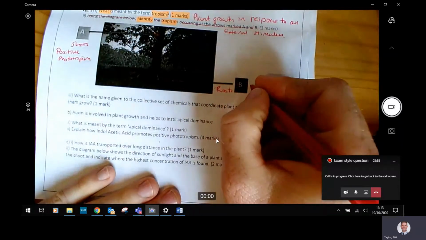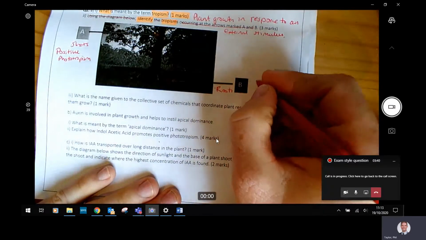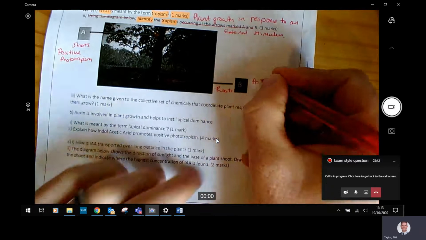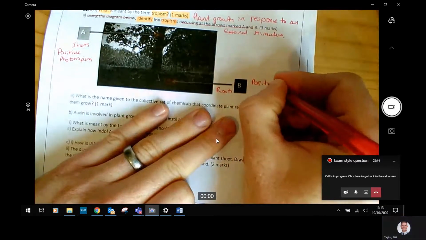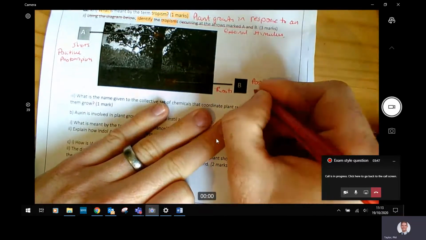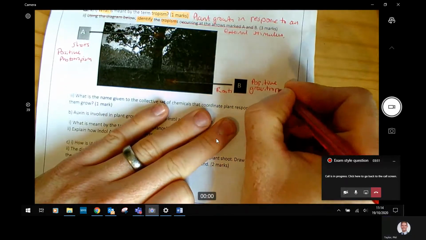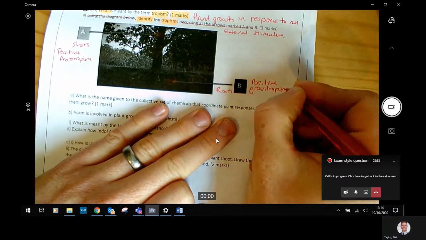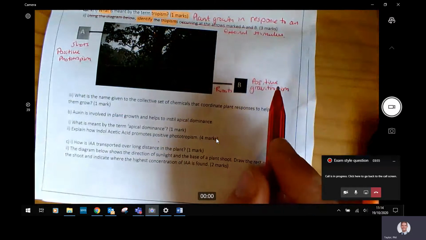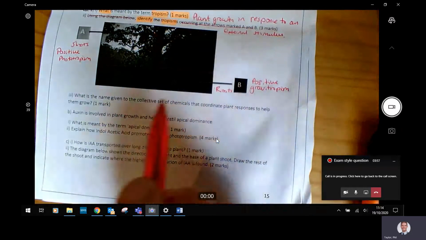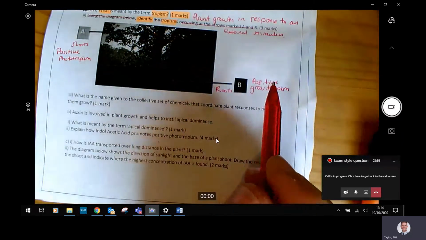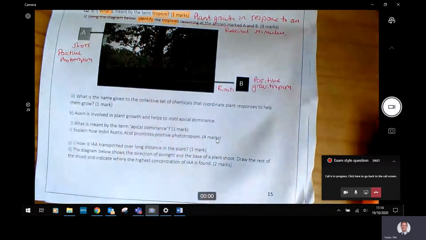Now the roots are responding slightly differently, but they are positively responding to gravity, positive gravitropism. Remember, we're always using the positive or negative and then the tropism, so photo for light and gravitropic for that one.